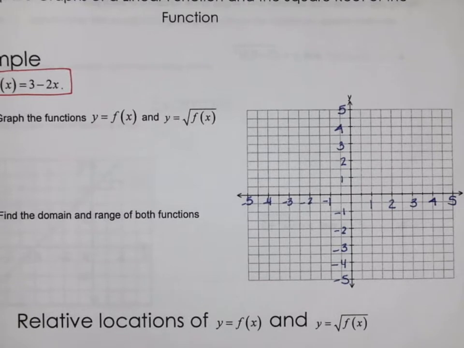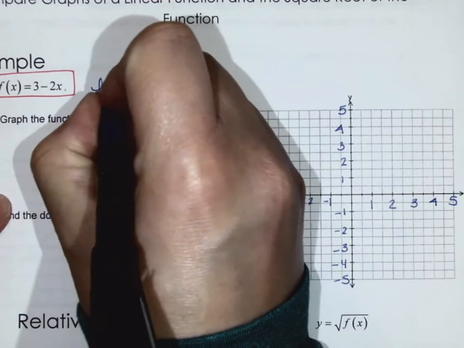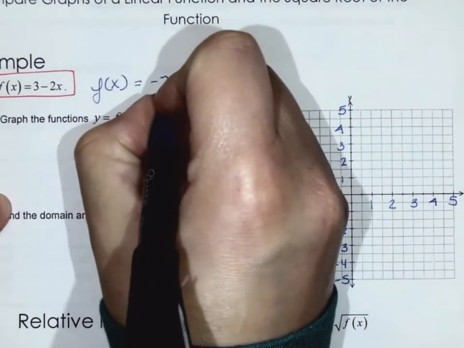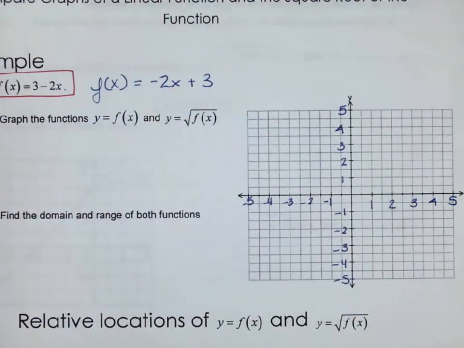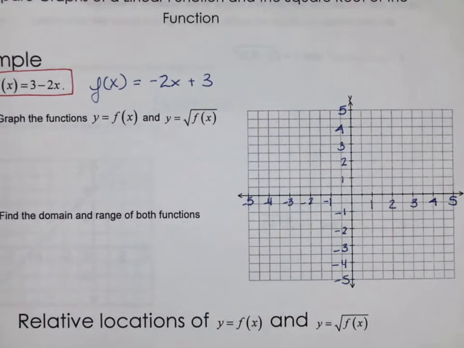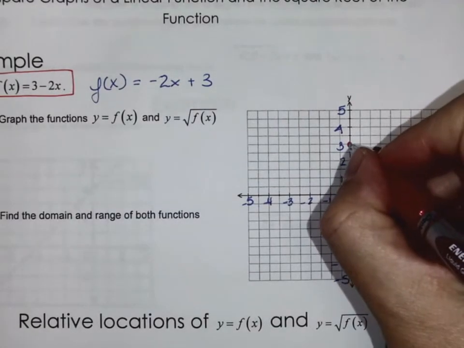Do you guys remember this? Okay, y equals mx plus b. This is in the reverse order though. I could write it like that if that's better for you. So what does that tell us? Y-intercept is at 3.